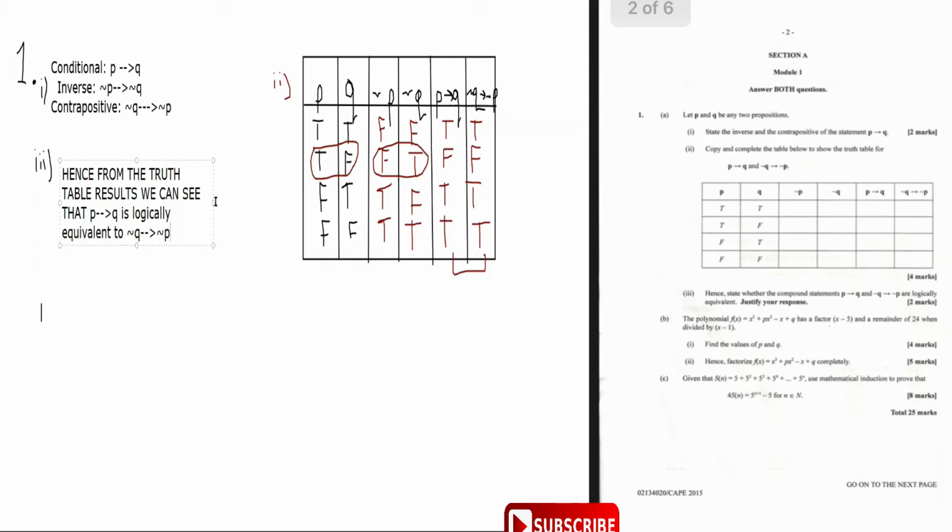From the truth table, we can clearly see this. All right? Clearly, from right here, they are the same. All right, so you can put it right here, the same. All right, nice. Now let's look at part B. Part B, all right, let's go to part B.